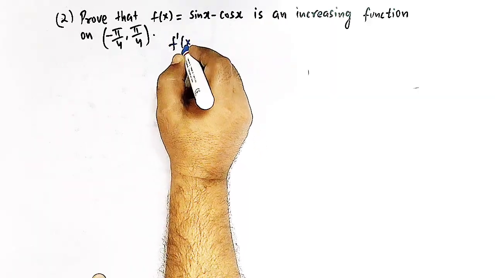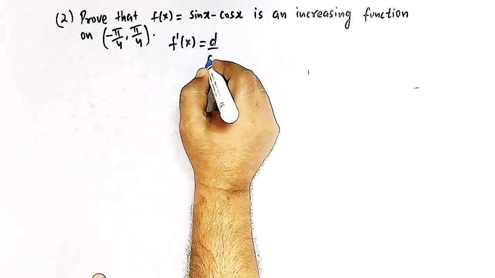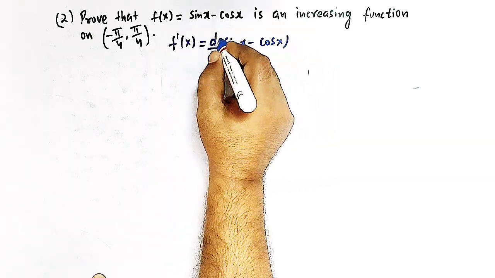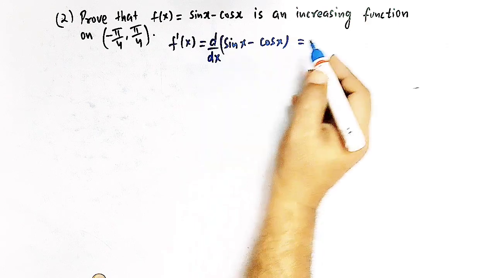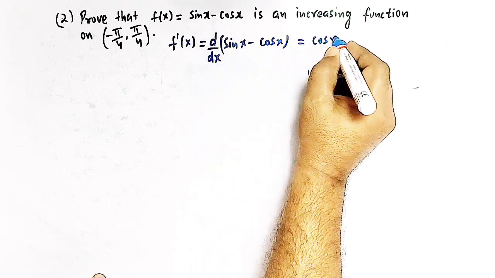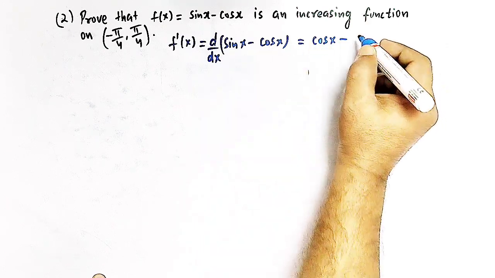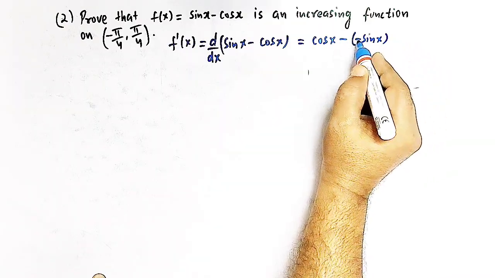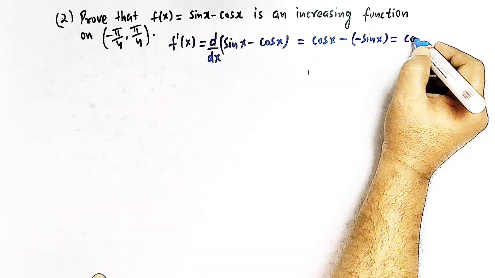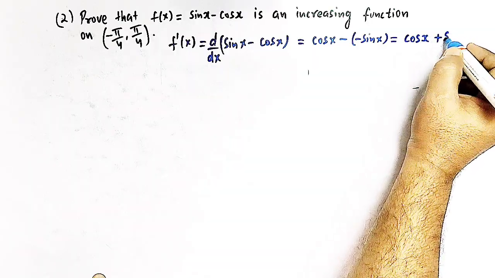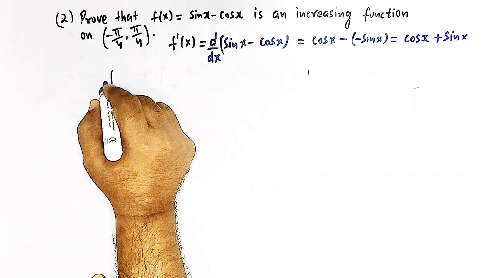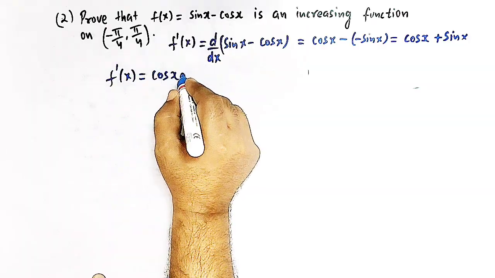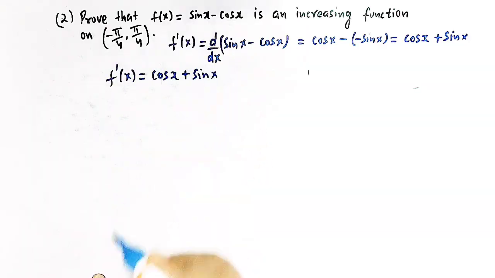So f prime of x is equal to d by dx of sine x minus cosine x, and the derivative of sine x is cosine x, and the derivative of cosine x is minus sine x, and here minus multiplied with minus, it becomes positive, so we have cos x plus sine x. So the derivative f prime of x is given as cosine x plus sine x, right?